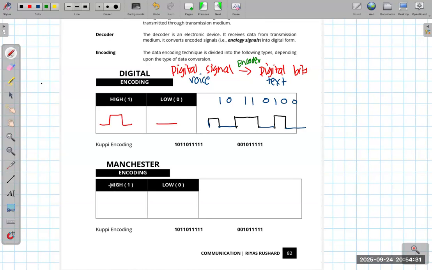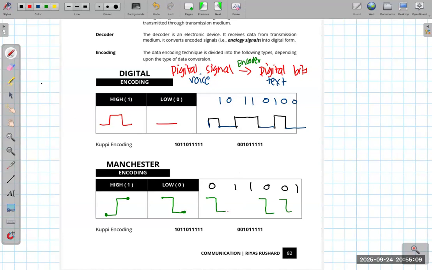In Manchester coding, we represent 0 and 1. We represent 0 as high to low and 1 as low to high. Okay, like S and Z. So if you wish to represent 0, 1, 1, 1, 0, 0, 1, we'll represent 0 first. 0 is high to low, high to low, high to low.